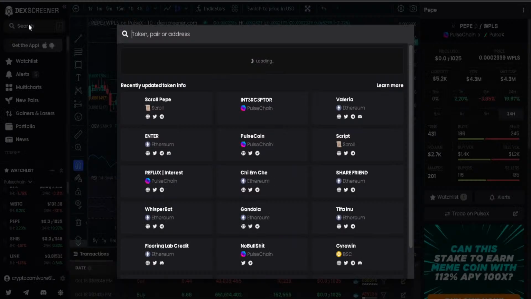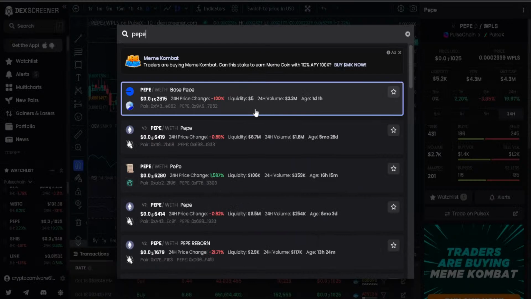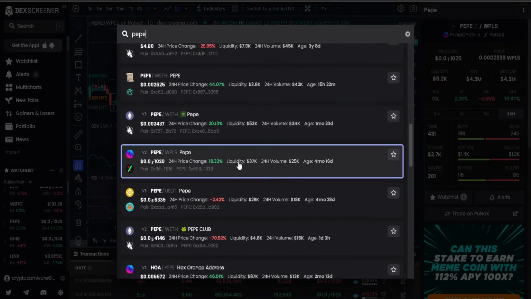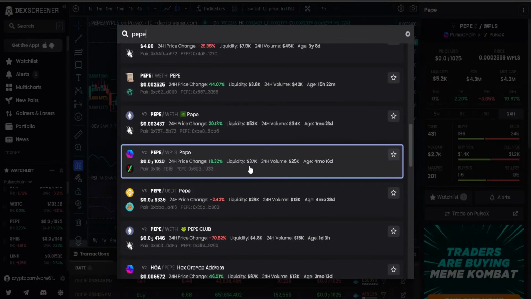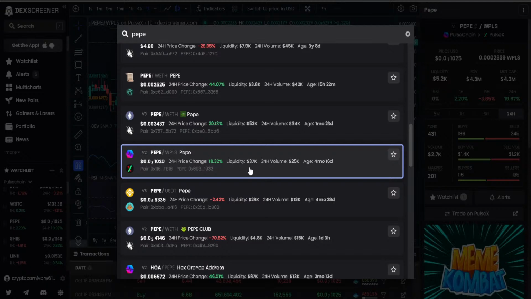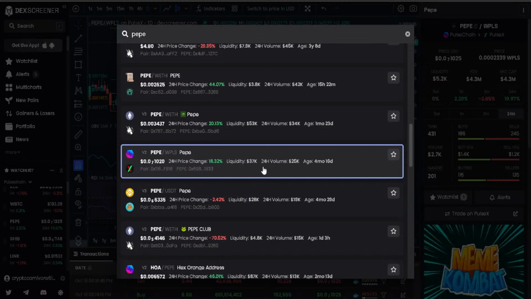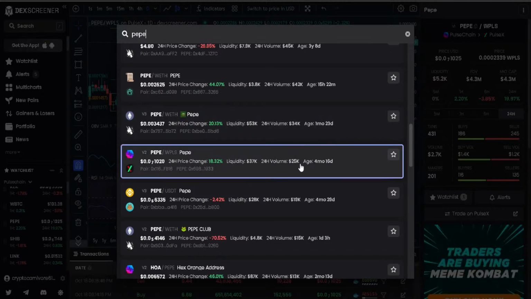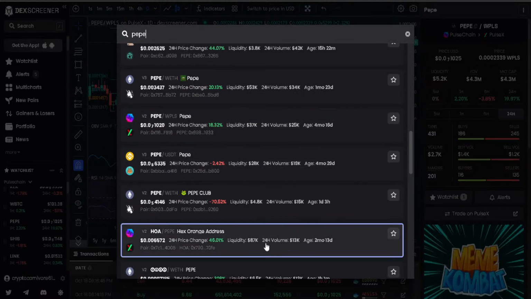Okay, so that's interesting because Pepe's only got 5k liquidity here. Oh, there is a 37k liquidity pair here on version 2. Very interesting. Of course, it would be larger. So that's very, very positive, right? And Hoa has 87k.